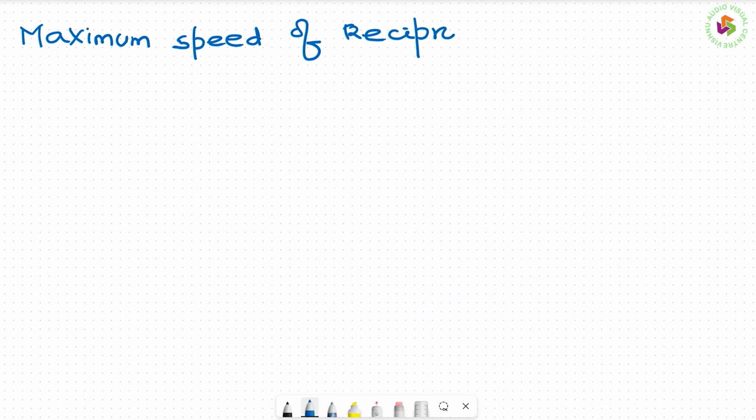Maximum speed of reciprocating pump. What is the condition actually?